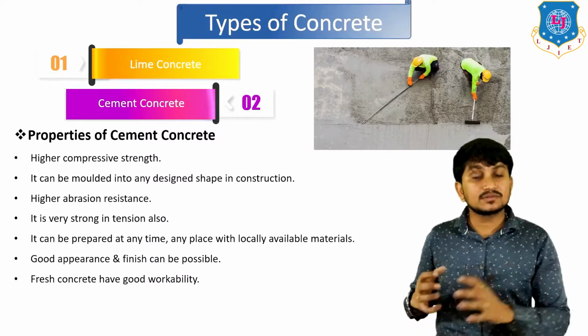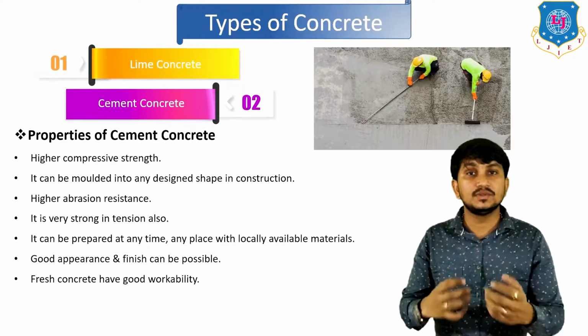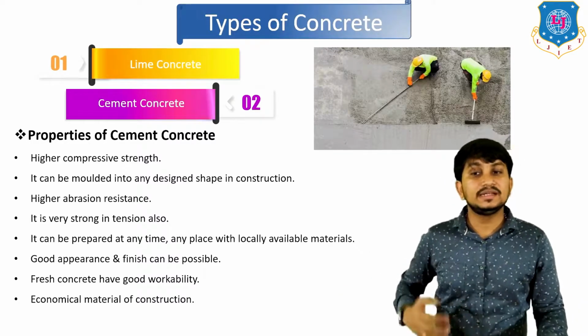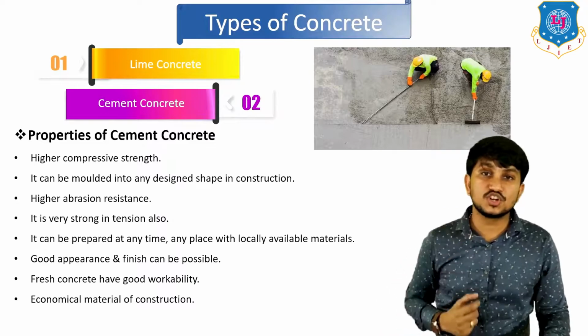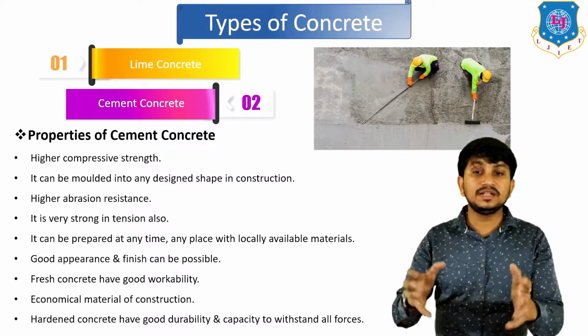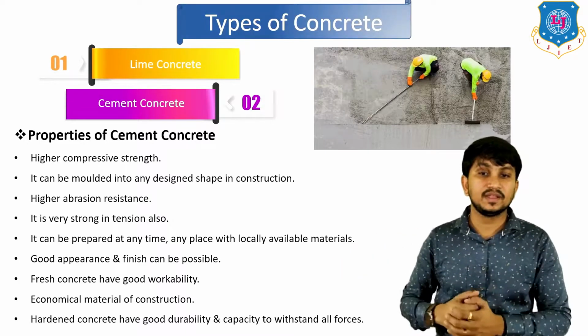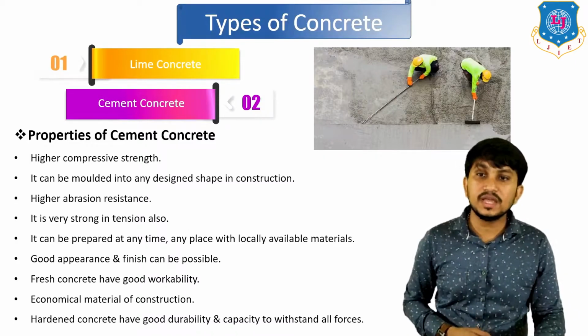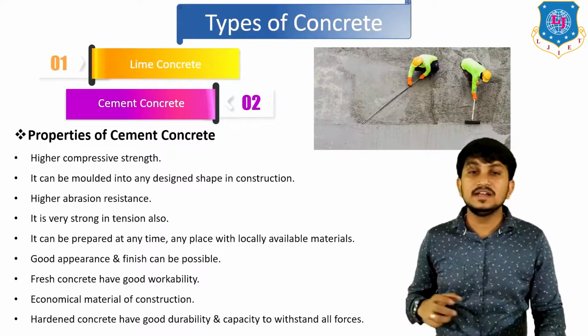Fresh concrete has good workability also, you can easily convert it into a number of shapes. It is an economical material for construction. Hardened concrete has good durability or long-lasting ability and capacity to withstand all forces acting on it. These are the various properties of cement concrete.